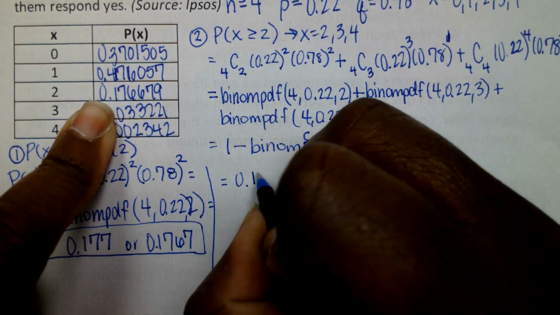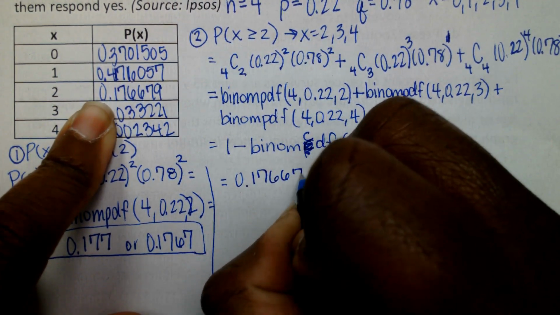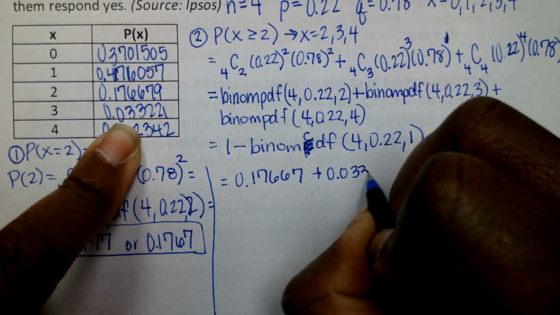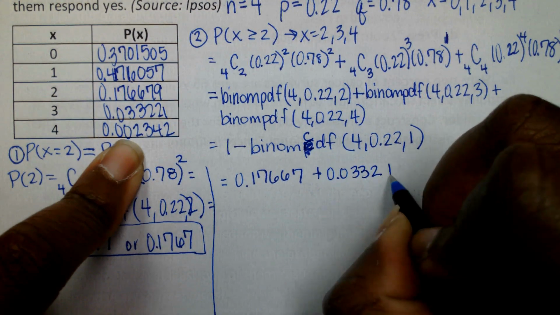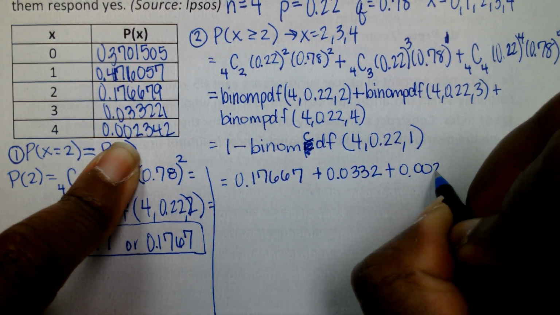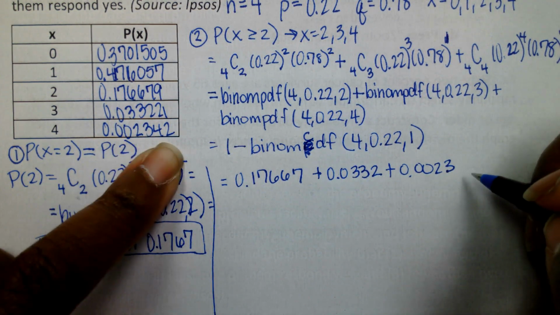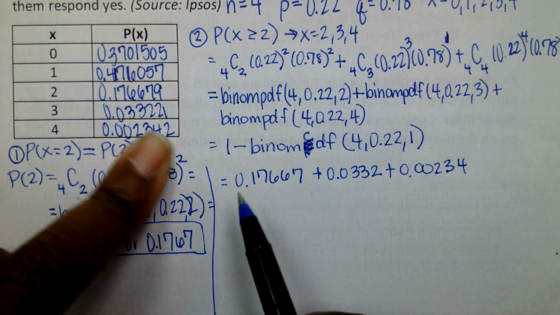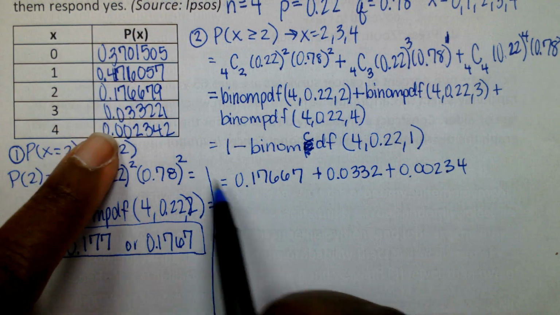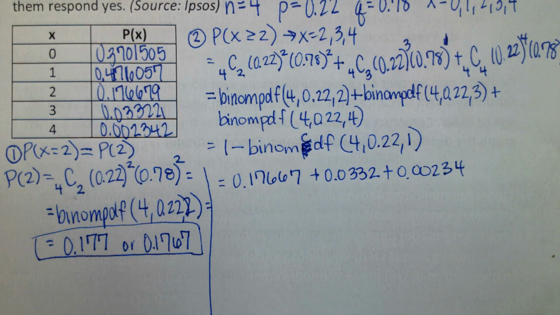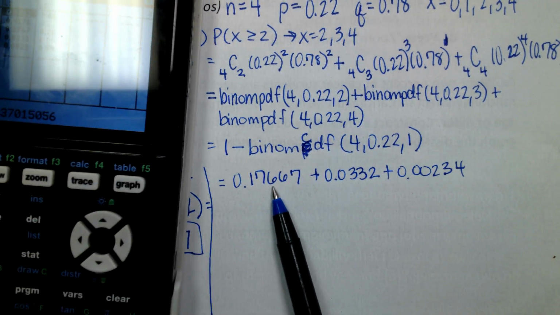So 0.17667 plus 0.0332 plus 0.0023. So the reason why I do this is because look at this. If I do 3 decimals, it's not going to give me a really good answer. It's going to give me an okay answer, but not the best answer. So I want to add these together.